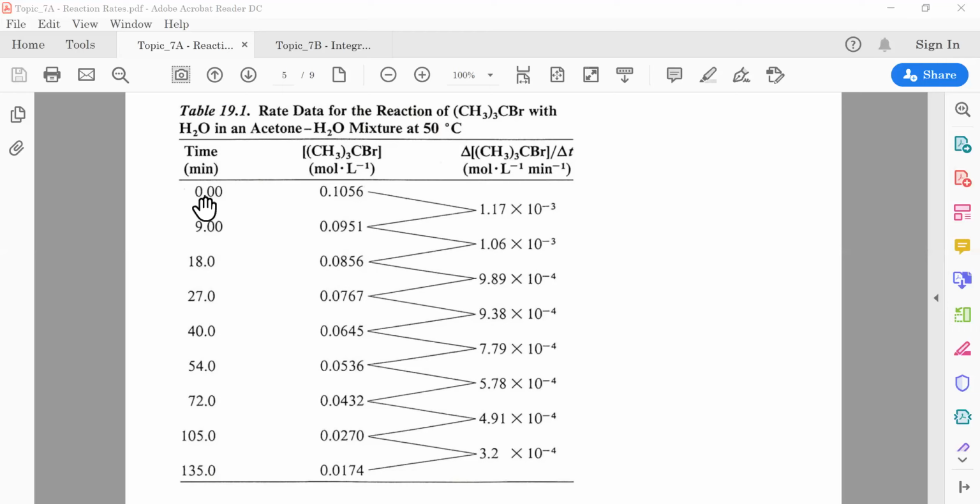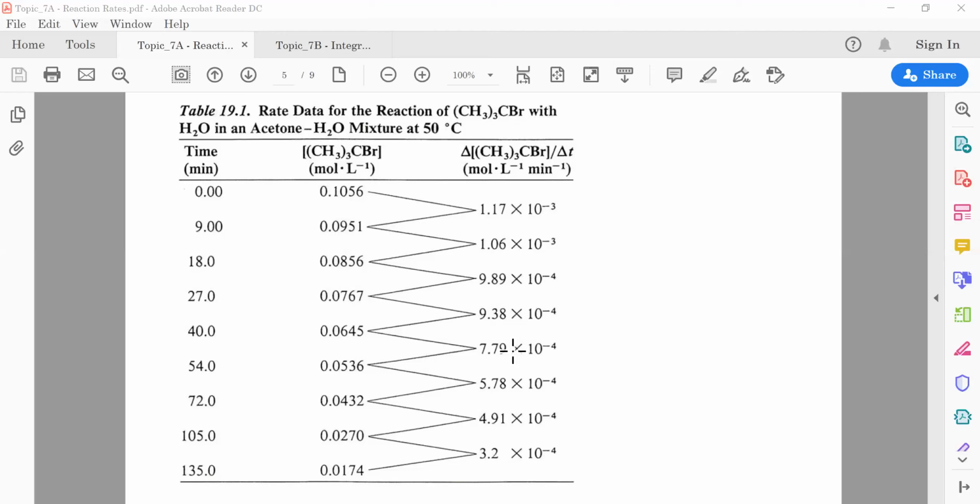And again, with increasing time, the concentration of the reactant is decreasing. But if you look at each of these intervals here and determine how much remains of the initial concentration and the amounts that change over the interval of however many minutes it is, you'll see that the reaction rate is slowing down. It's getting slower and slower. In this case, it starts out early on in the reaction at 1.17 times 10 to the minus 3.